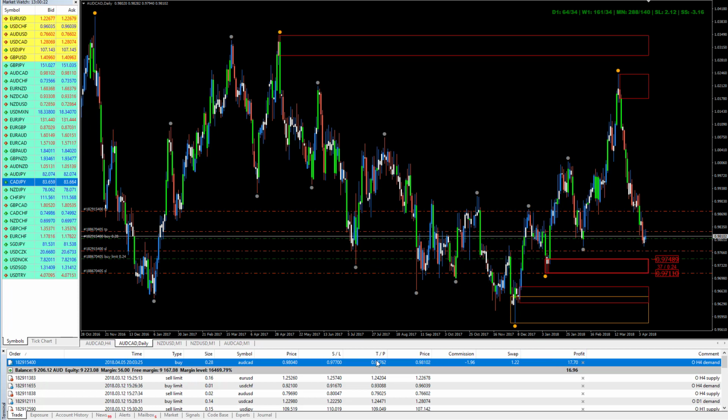I'm not going to touch this. I'm going to either let it hit its target or get stopped out, because we need to look at what we're doing, and we need to stick to the same plan in order to have a proper sample size. But gradually we're going to start putting on trades like this one that are a little bit better, and so the quality of the trades is going up, and so the number of losers will go down and the number of winners will go up.